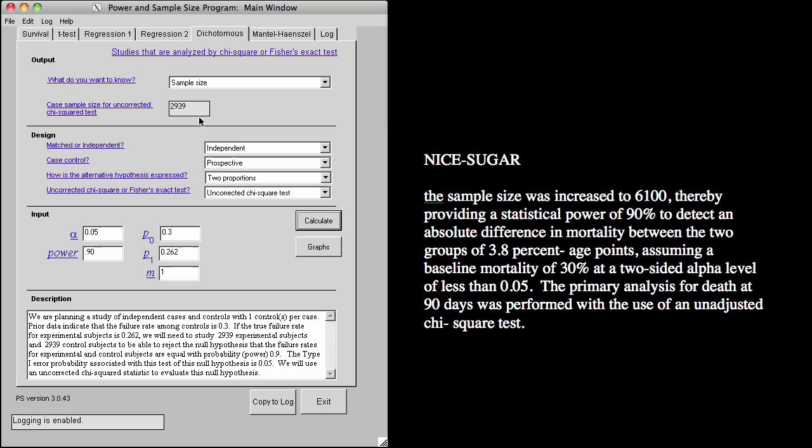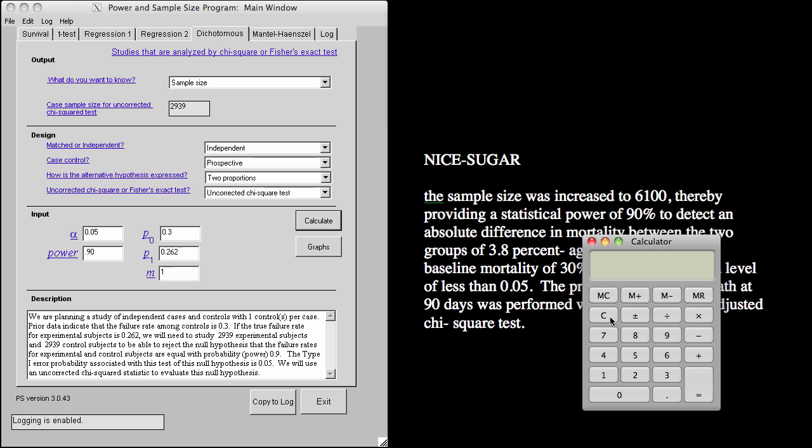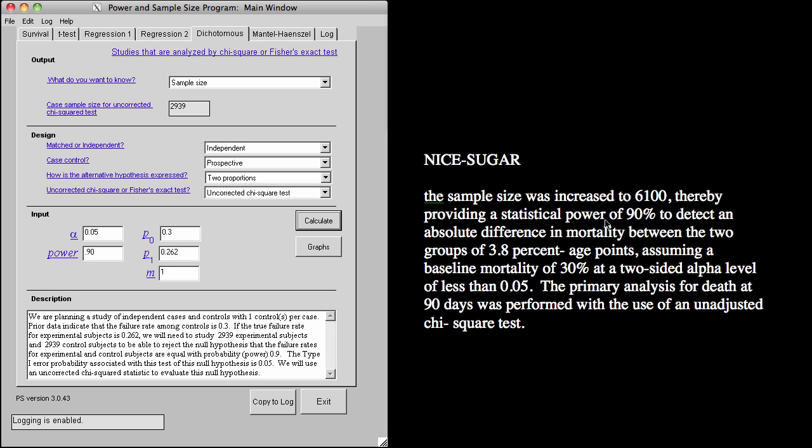Remember, we'll want to multiply that by 2. So let's do that math. 2,939 times 2 is equal to 5,878. Now, in this case, it doesn't match up exactly to that number of 6,100.